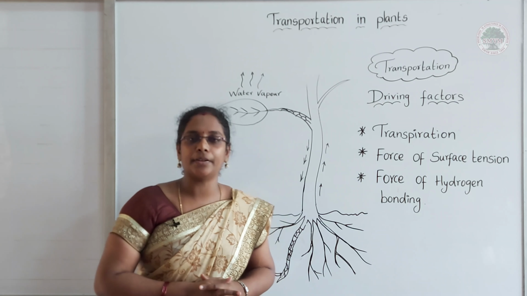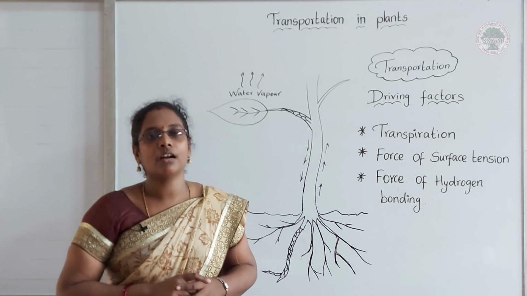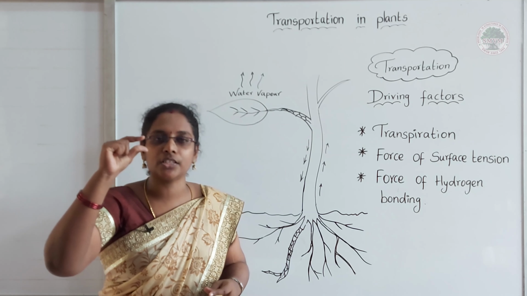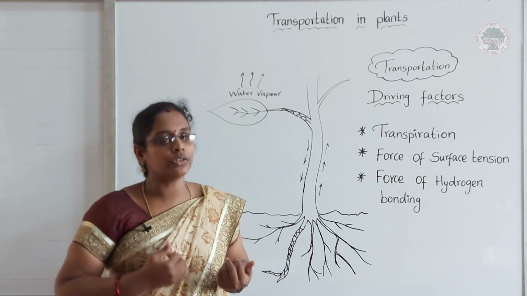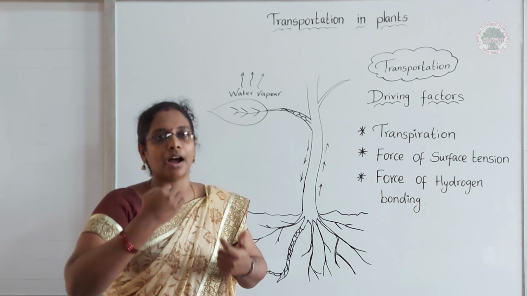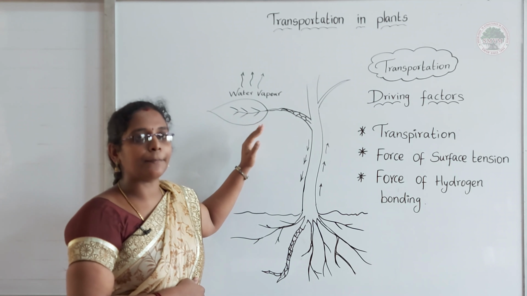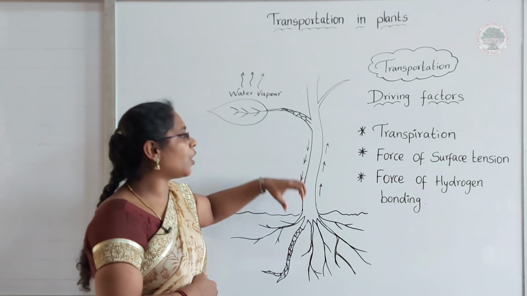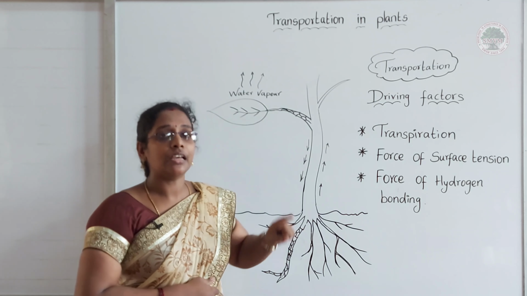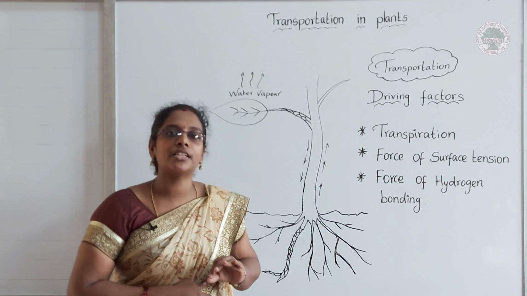We can make it simple. Have you ever drunk a cool drink using a straw? How do you drink that? You create pressure at the top of the straw and suck the cool drink. Because of that pressure, the cool drink comes up. In the same way, pressure is created here. Because of the pressure, the water rises up in the xylem tube. Actually, the xylem is a lifeless tissue.